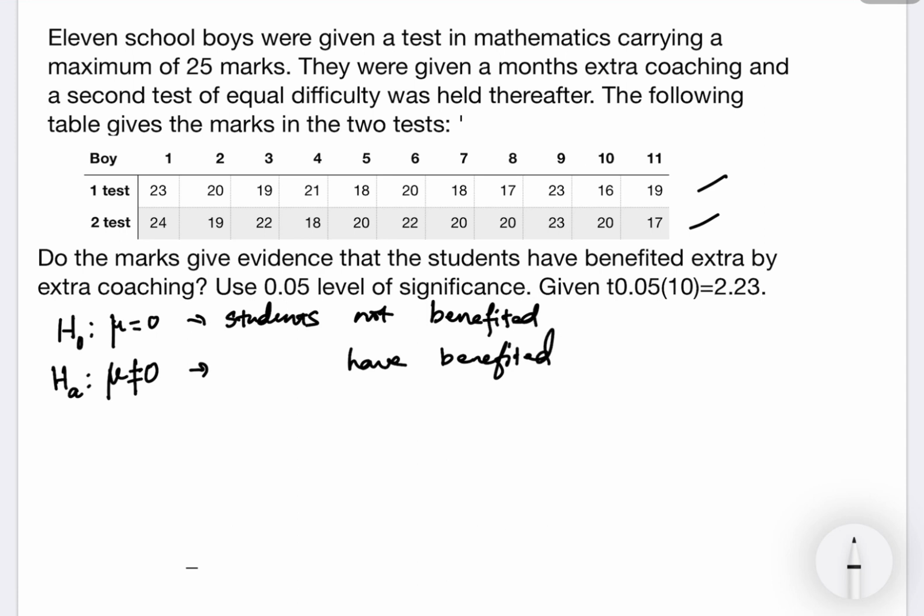So here what we will be doing is taking the difference in the two test scores. The difference will be T2 minus T1.